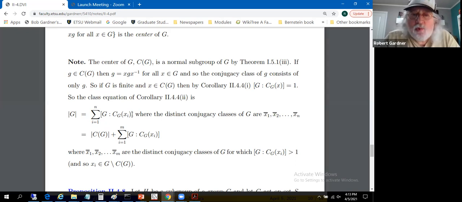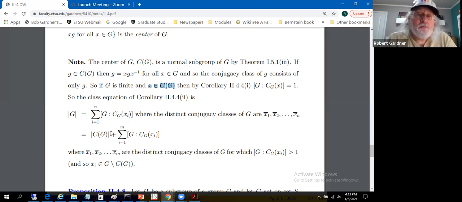How many of those 1s are there? Well, one of those indices is 1 for every element in the center of G. Remember, these indices represent cardinalities of equivalence classes, and they're just cardinality 1 if we choose an element of the center. So we can pick those off one at a time.